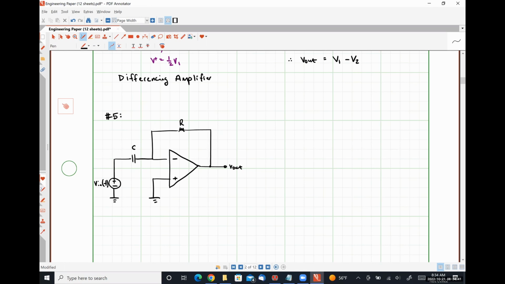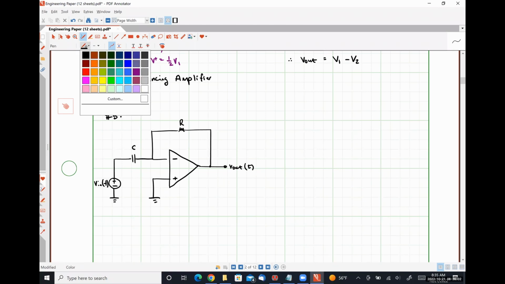And my input signal needs to be some function of time, so it needs to be time varying in order for this circuit to work correctly, because if it were a DC input voltage, the capacitor would behave as if it were an open circuit and wouldn't actually do anything, okay?